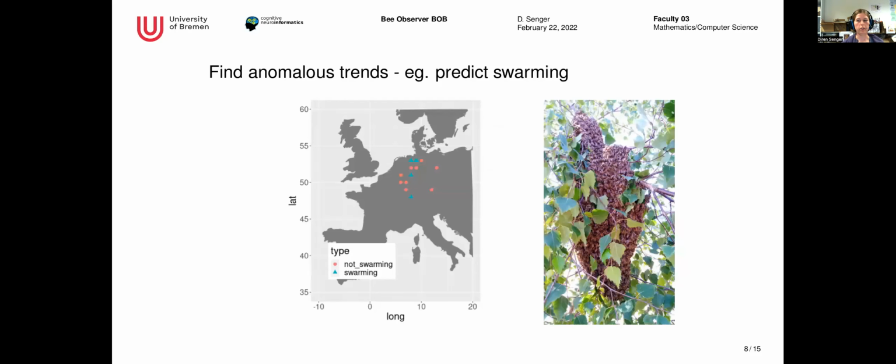Then we also try to find anomalous trends. For example, we want to predict swarming. In our data so far, we had at least 11 swarming events, but I think it's okay to start with that. And then, of course, we have reference data from colonies which didn't swarm.